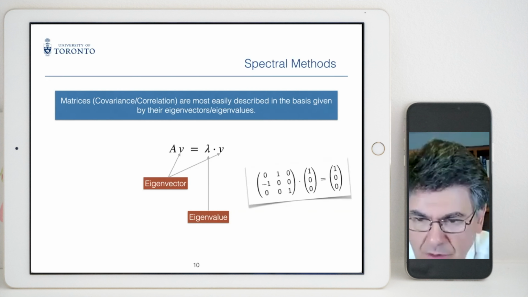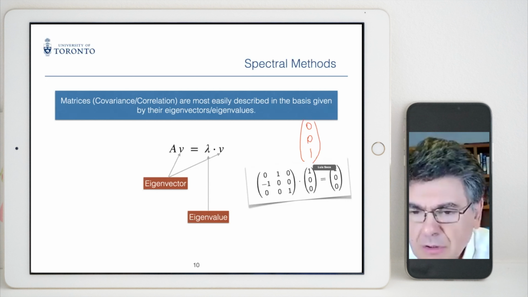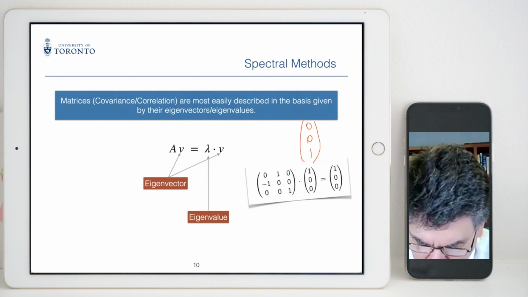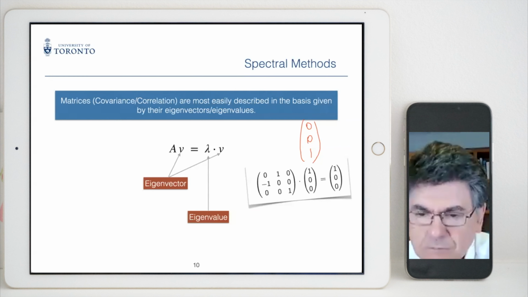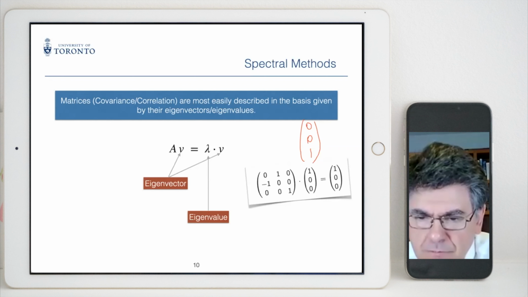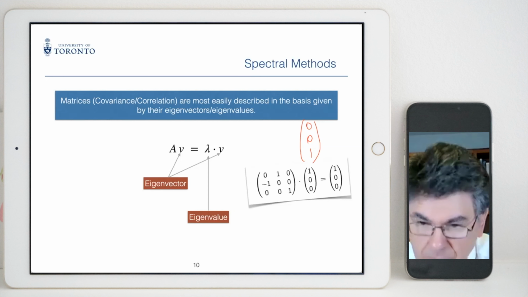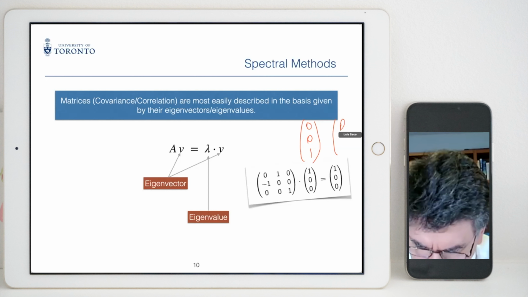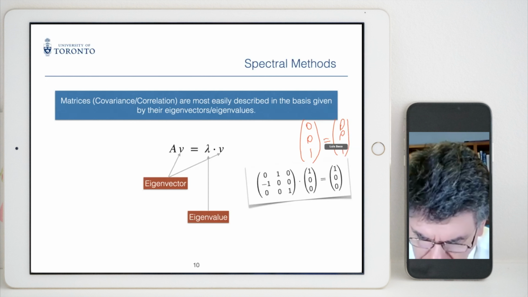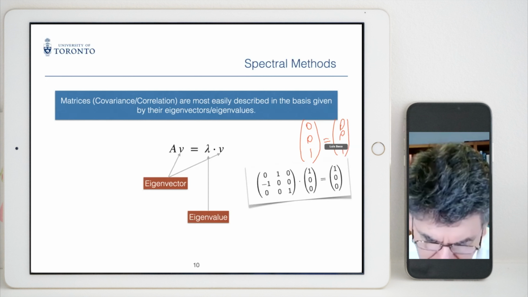So how about 0, 0, 0, 1? Does that work? You see that? Yes, that works. So that's the eigenvector, and the eigenvalue is 1.